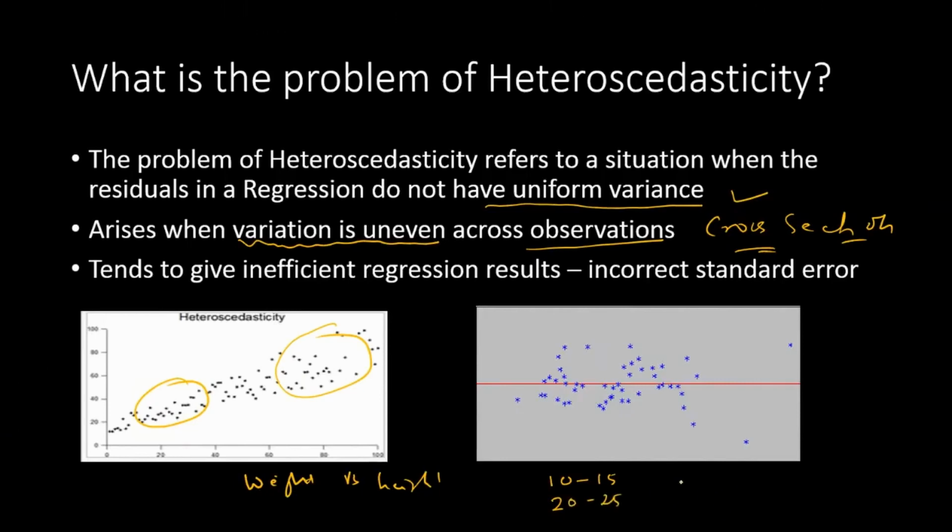But if we keep on including more children in the age of 15 to 20, you see the variation in the weight is between 30 to 70.